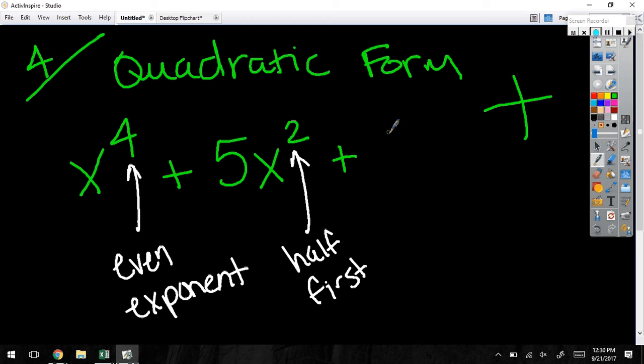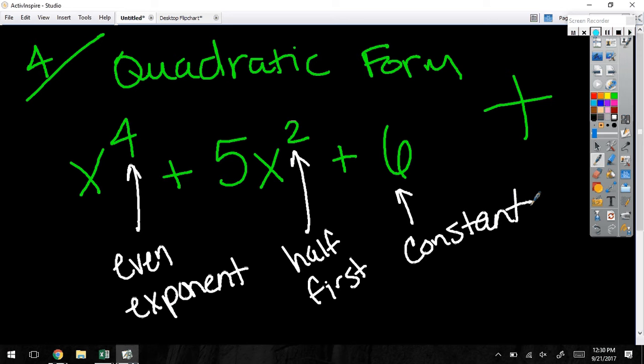And the last one is a constant. This is quadratic form. So even, half, and constant tell me that it's in quadratic form. And if it's in quadratic form, I can factor it just like a quadratic. And I'm going to show you how.